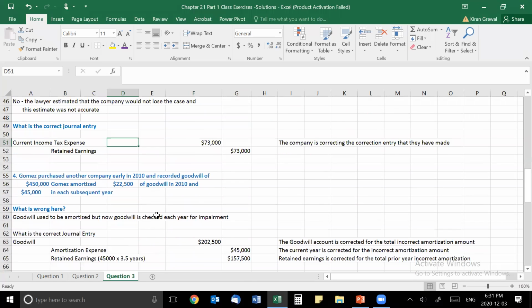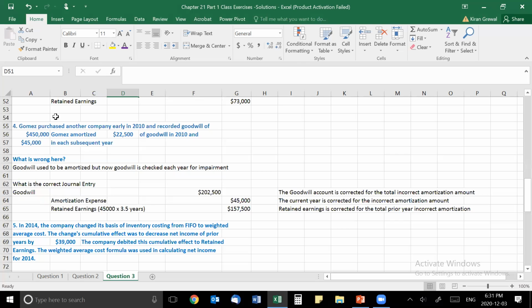All right, number 4. Gomez purchased another company in early 2010 and recorded goodwill of $450,000. Gomez amortized $22,500 of goodwill in 2010 and $45,000 in each subsequent year. This is another question where you need to know what the rules are around goodwill.